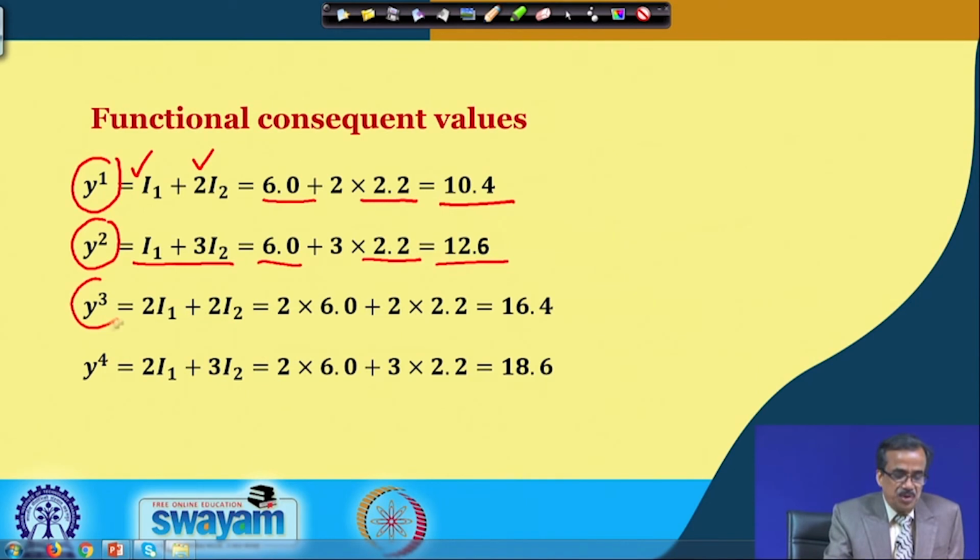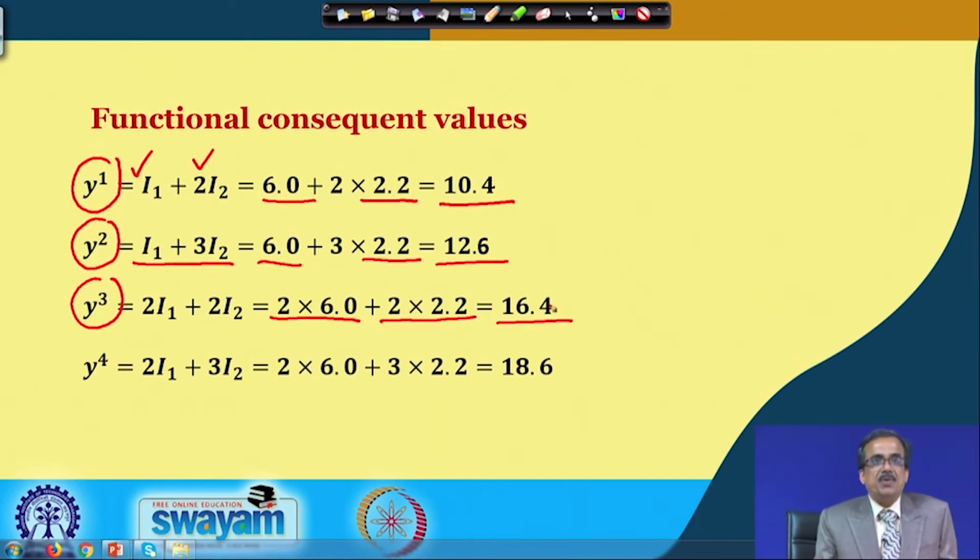Similarly, y 3 is 2 I 1 plus 2 I 2, that is 2 multiplied by 6.0 plus 2 multiplied by 2.2, and I get 16.4.